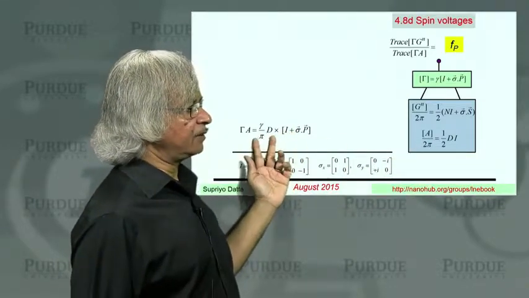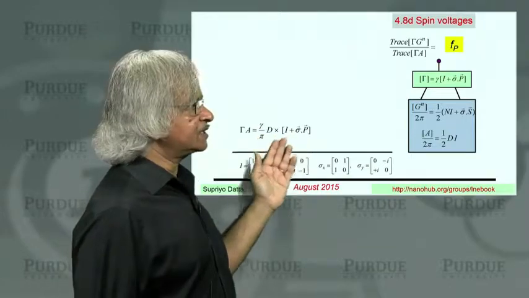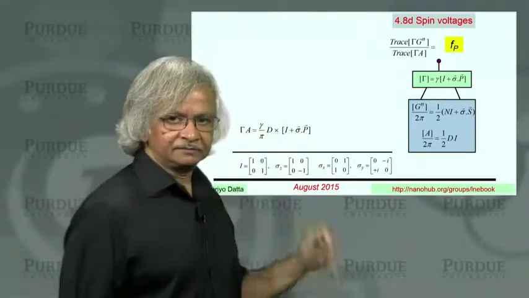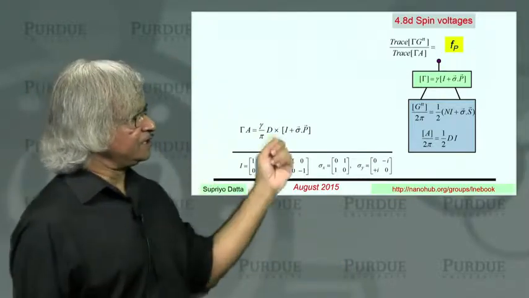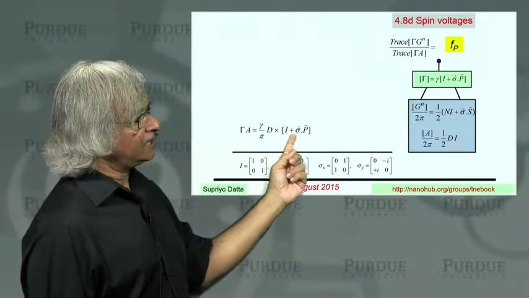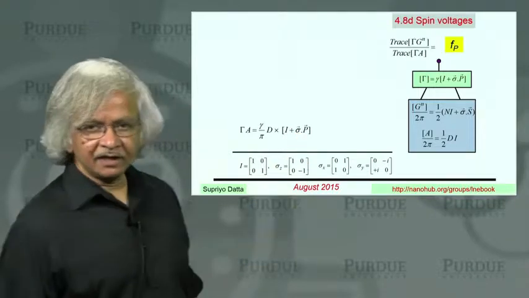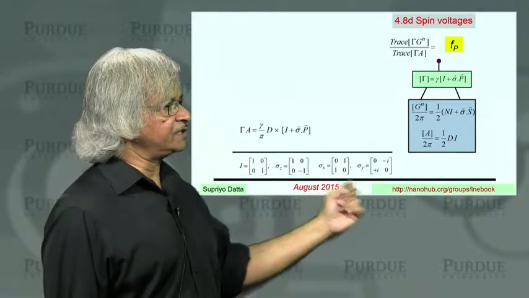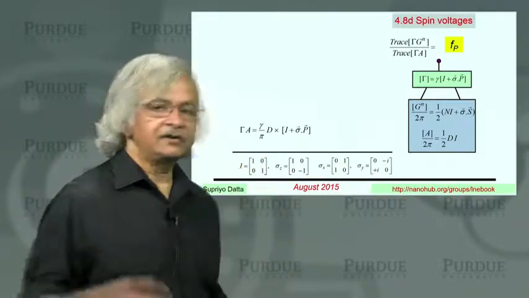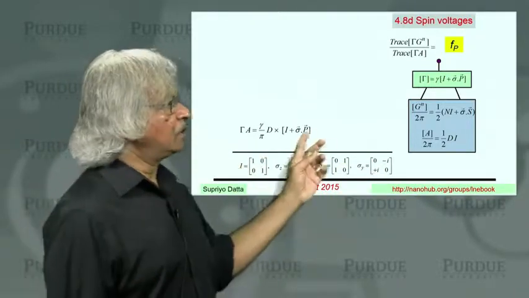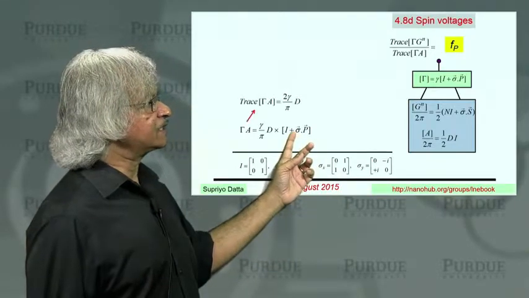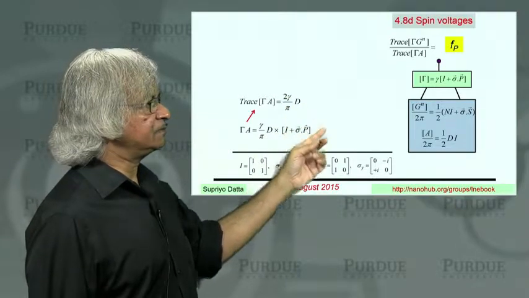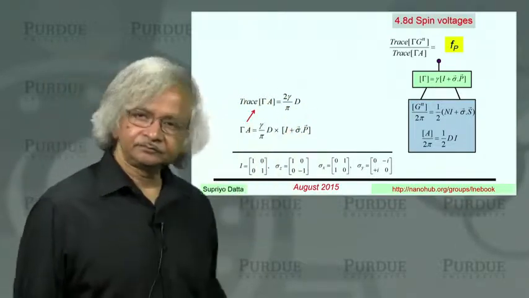That's why you have this Gamma over pi times D. So this is the Gamma A. Now you want the trace of that. The trace is very easy to see because it's I and various sigma matrices, and as I had mentioned earlier, all the sigma matrices have a trace of 0, while I has a trace of 2. And so when I take the trace of this, I just get 2 from here and then Gamma over pi times D. So that's straightforward.